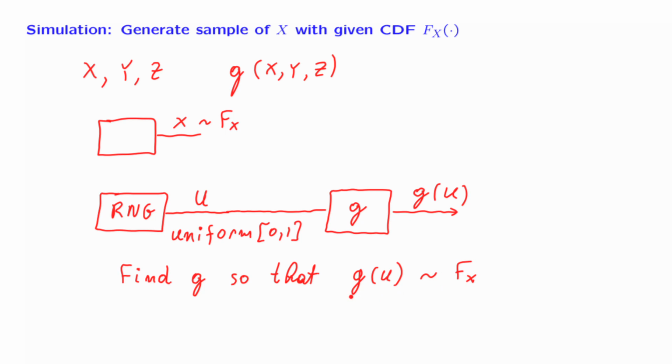That is, we want the CDF of g of u to be the CDF that's given to us. So let us see how we can do this. Let us look at the discrete case first, which is easier, and let us look at an example.